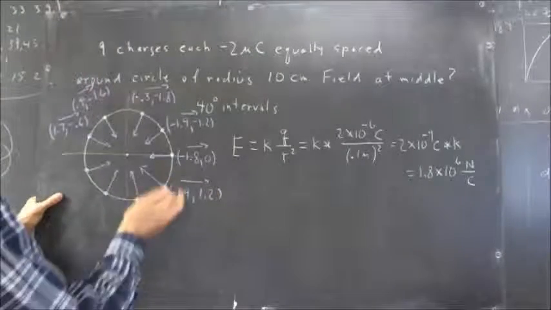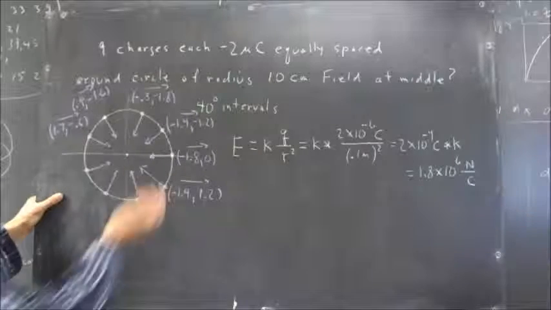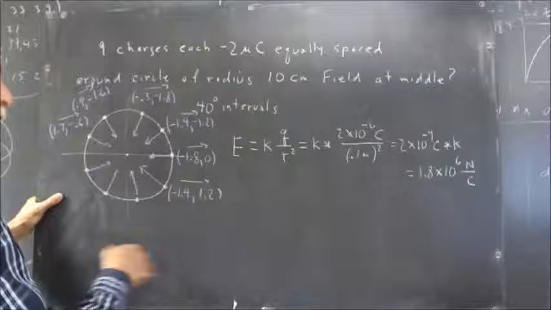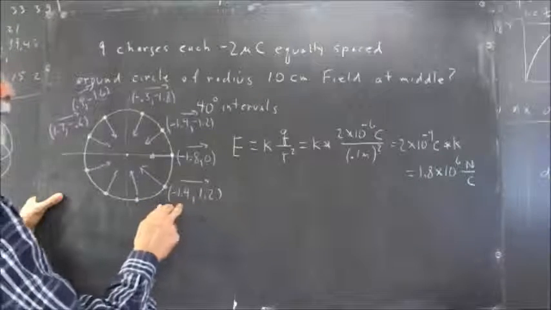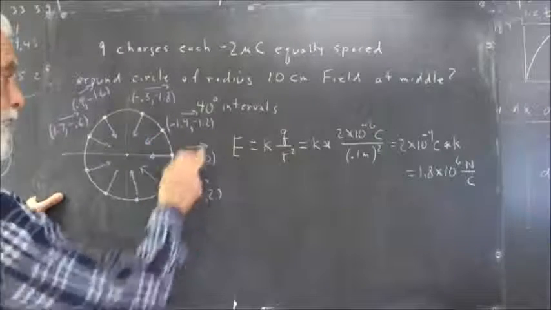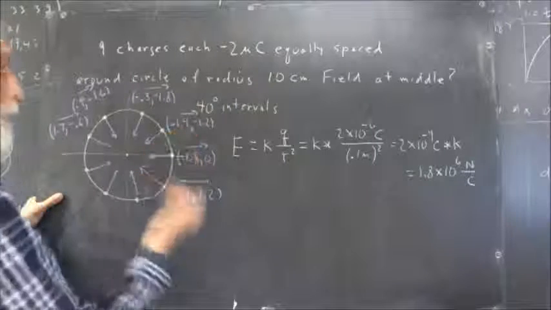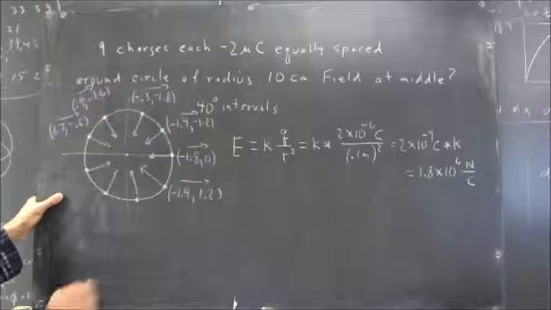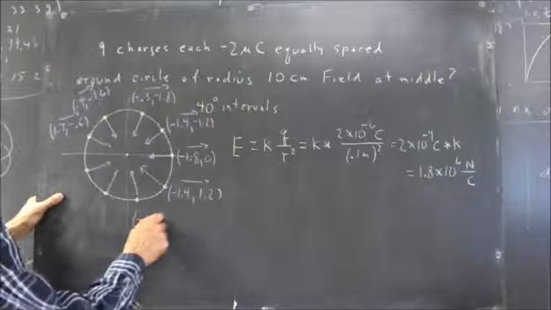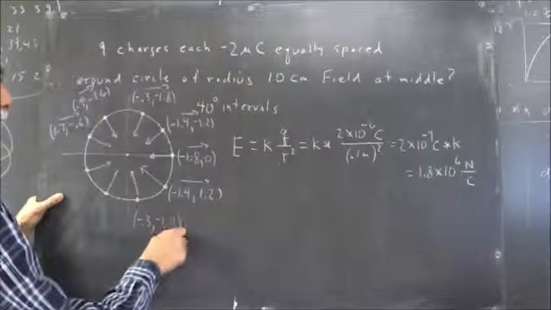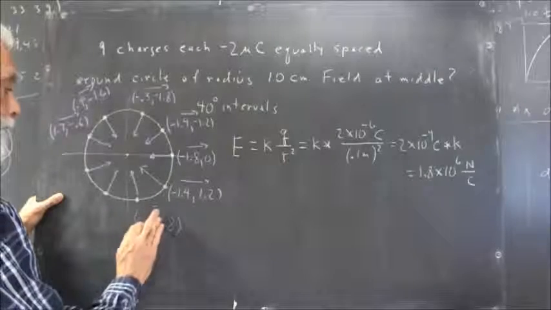And we shouldn't be surprised. We have a circle here. There's regular spacing on the circle. It shouldn't be surprising that we get some sort of symmetry. And you see that when we add this vector and this vector, we don't need to bother to add the y components. They're just going to add up to 0. Down here, we're going to have the -0.3, -1.8, and it's going to be +1.8 now.